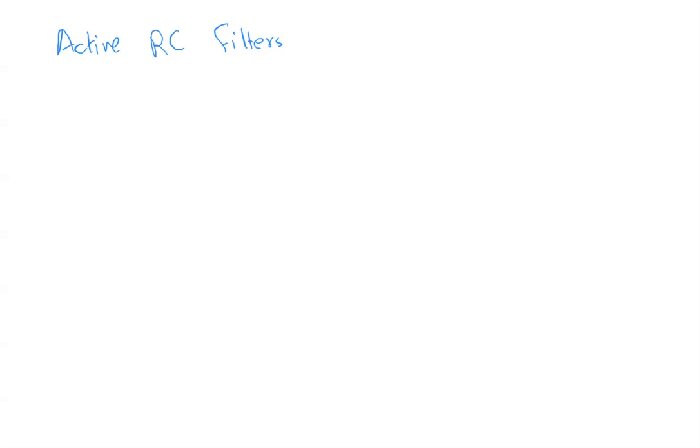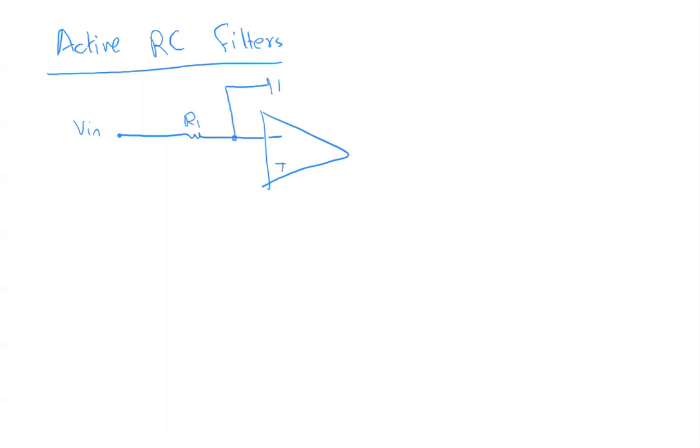Let's take simplified cases of those filters. You can have different configurations and still perform the filtering operation. So, for example, if I have this configuration, and this is R1, and this is C1, what does this remind you of?